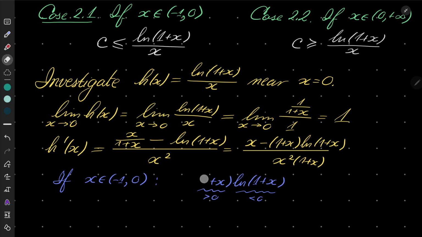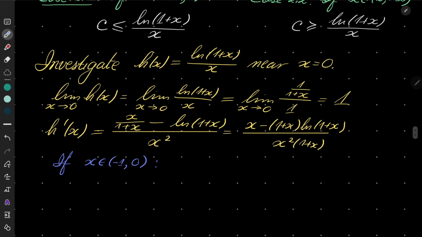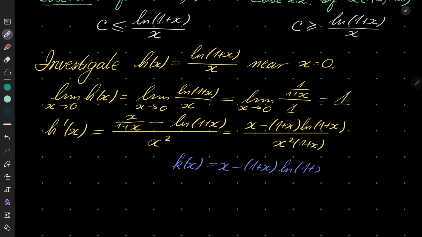So to find the sign, I will consider one auxiliary function. Let's call k of x equals x minus 1 plus x natural log of 1 plus x, and I will investigate this function for now. So let's differentiate it.